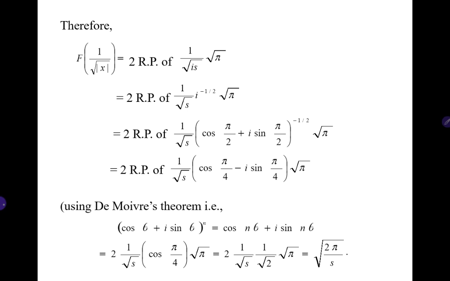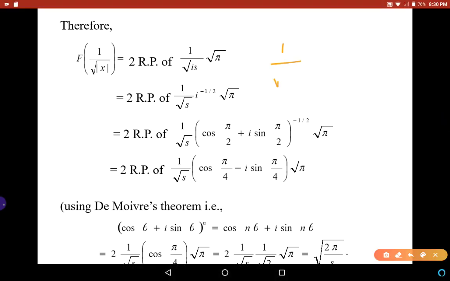Now that is equal to 2 into the real part of 1 by root s into 1 by root i. 1 by root i is i power minus 1 by 2.